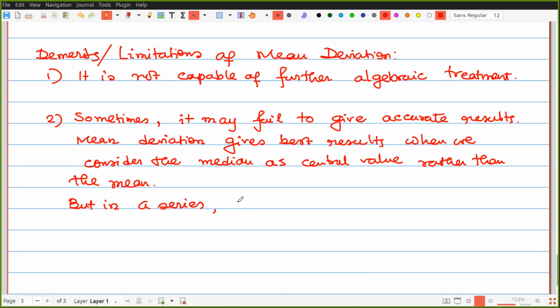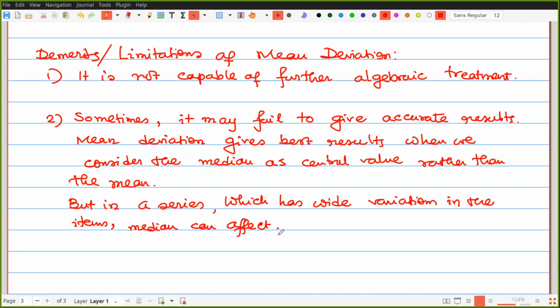Another thing, in a series which has wide variations in the items, that means very big variations in the items, the median can be affected.